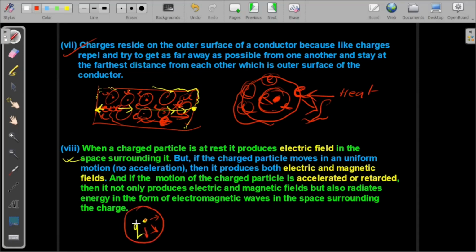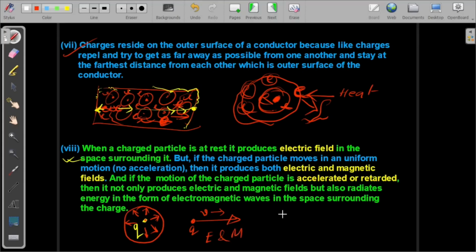But if the charge moves with a uniform velocity, then what happens? It creates an electric field as well as a magnetic field.